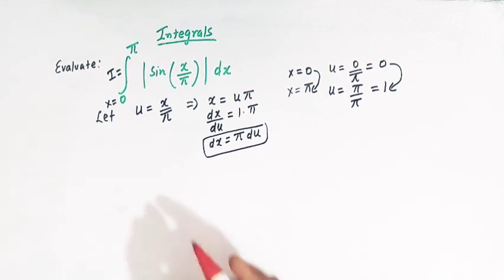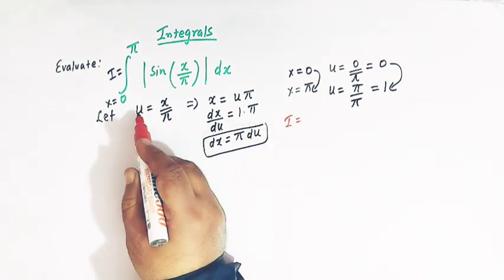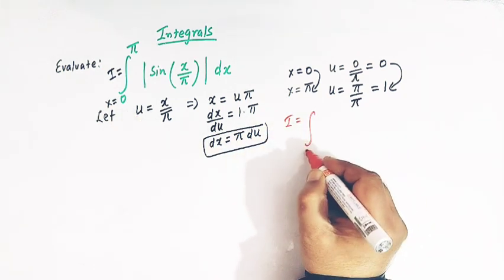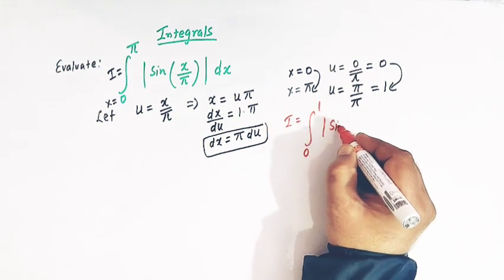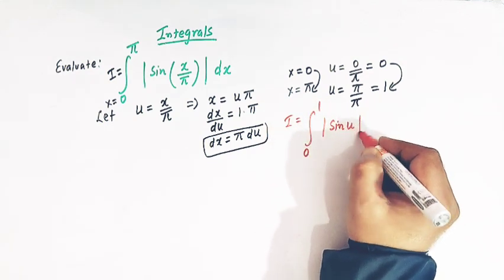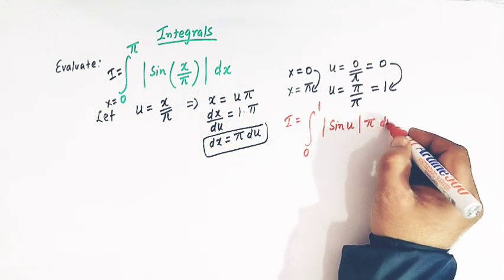Now let us rewrite this integral in terms of u. We have the limits 0 to 1, and we have mod of sine u, and for dx we can write pi du.